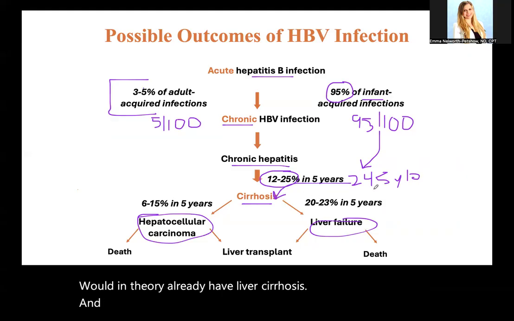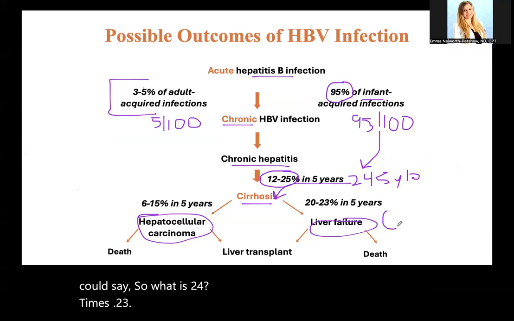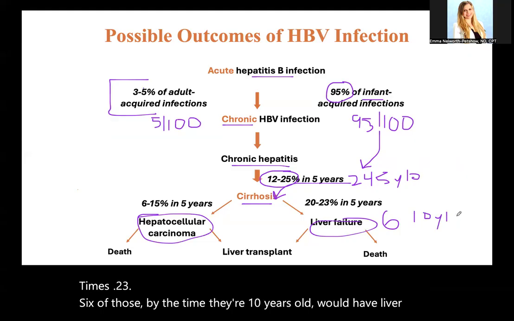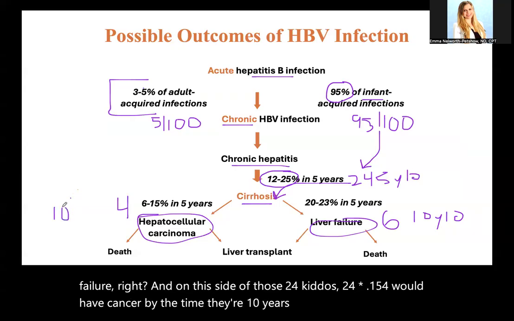And then of those, a quarter of them, by the time they're 10, we could say, so what is 24 times 0.23, six of those by the time they're 10 years old would have liver failure, right? And on this side of those 24 kiddos, 24 times 0.15, four would have cancer by the time they're 10 years old, right?